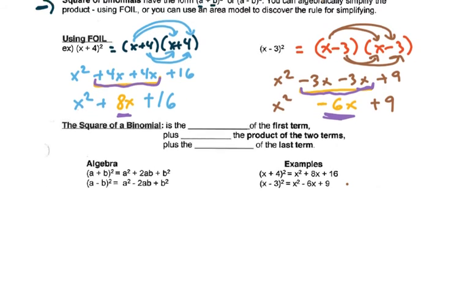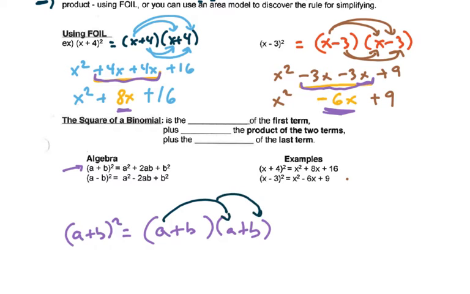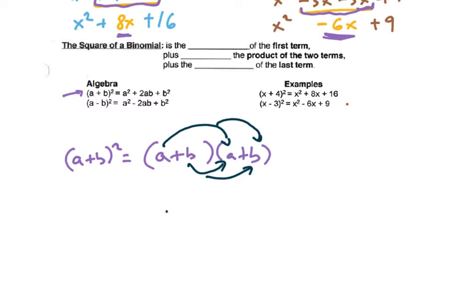So formally speaking, when we have a plus b quantity squared, that is a plus b times a plus b. Again, if we just FOIL, you always arrive at a squared plus ab plus another ab, and then b times a is ab plus b squared.